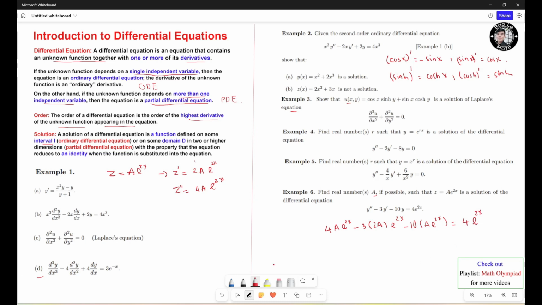Now we need to simplify. Alright, 4a, and this is negative 6a, and this is negative 10a right here.